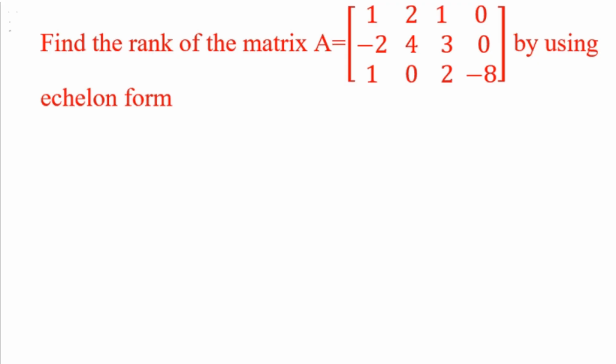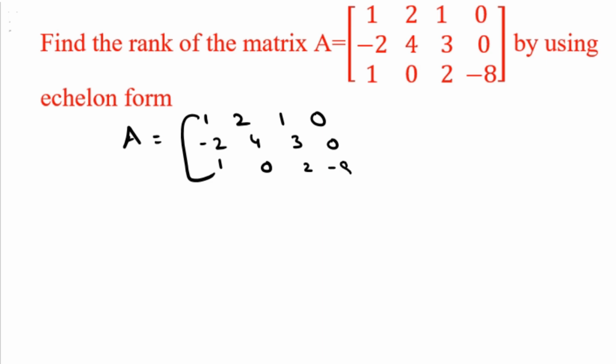Now we will do the elementary transformation of the matrix A. Now here the matrix A is equal to [1 2 1 0; minus 2 4 3 0; 1 0 2 minus 8]. This matrix is a 3 by 4 matrix.